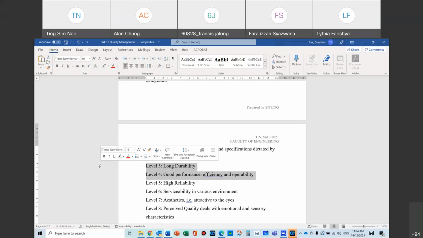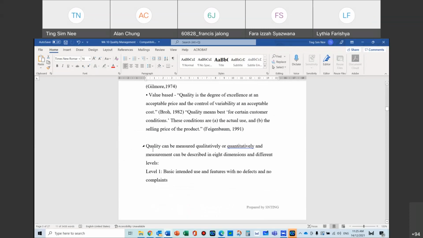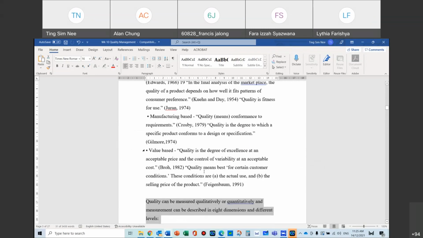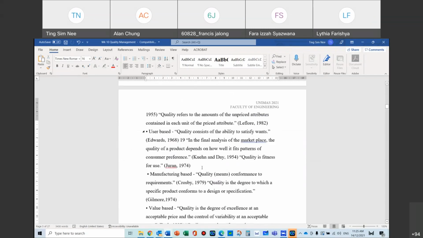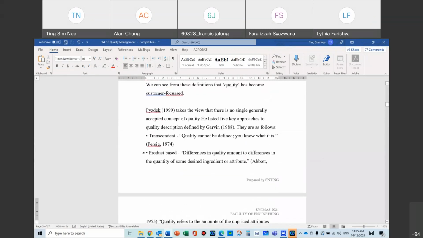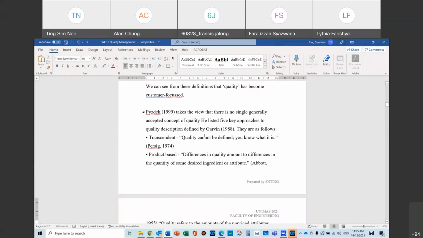So it's always about what? It's always about the end user. Remember that. So that relativity, even if we define the quality to this level, or you want to go for the user base or the product base or transcendent.